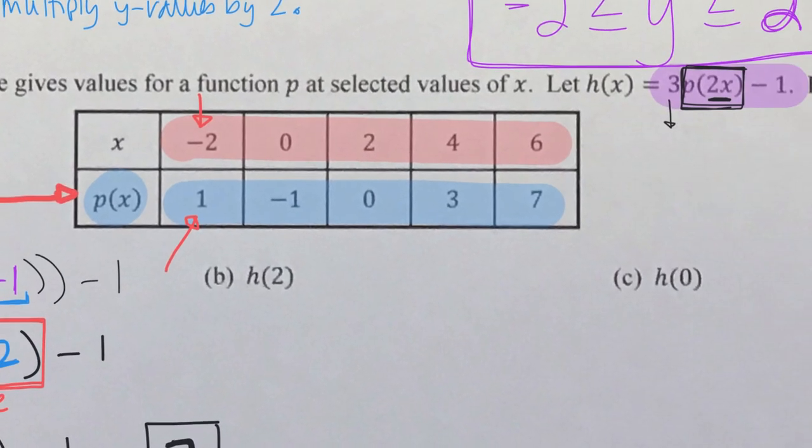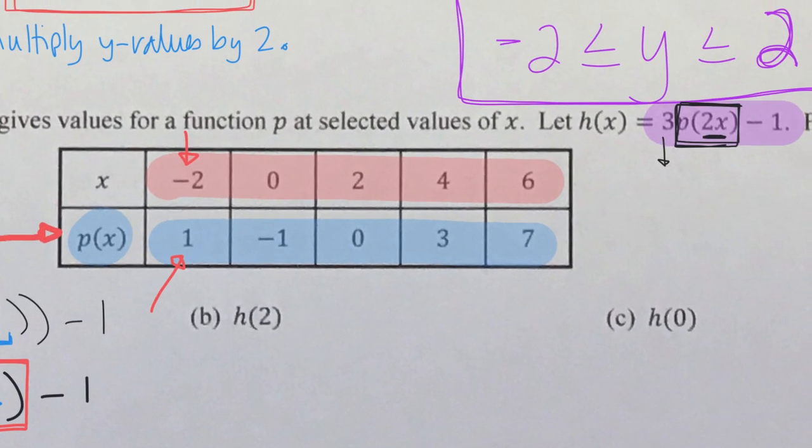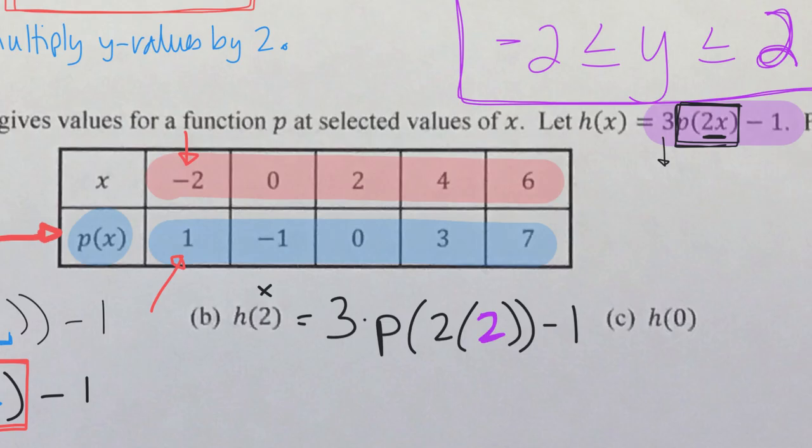Okay, here we have h of 2. So remember, this is your x value. So that's 3 times p of 2 times 2, right? So your x value is 2. So we replace x with 2 in your equation up here, right? It's the purple equation. And now we do our math from inside out. What is 2 times 2?